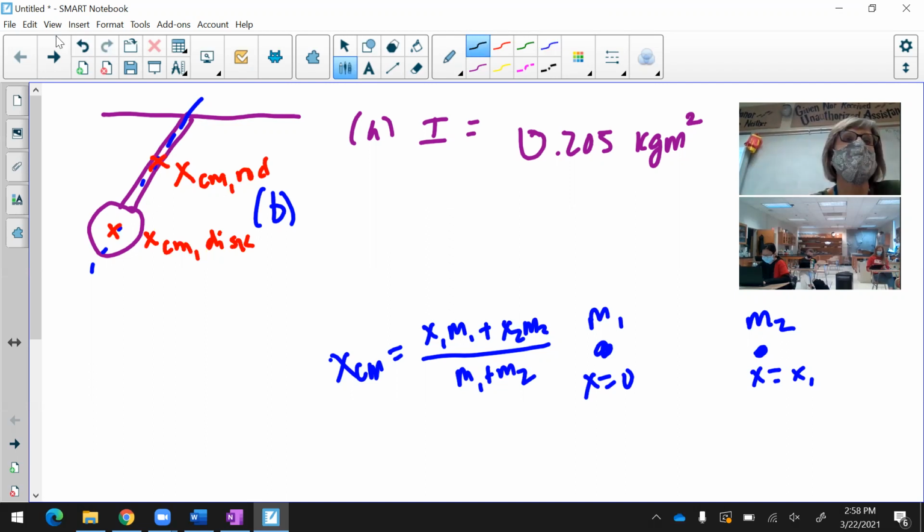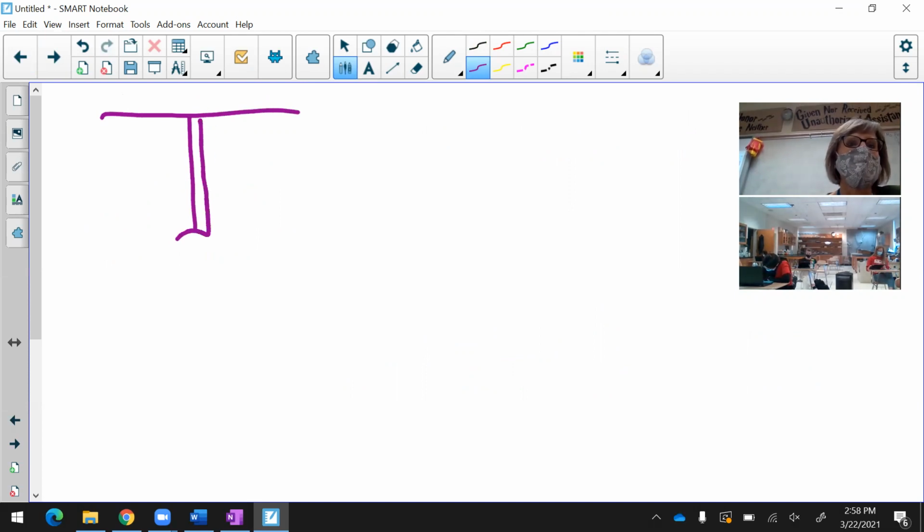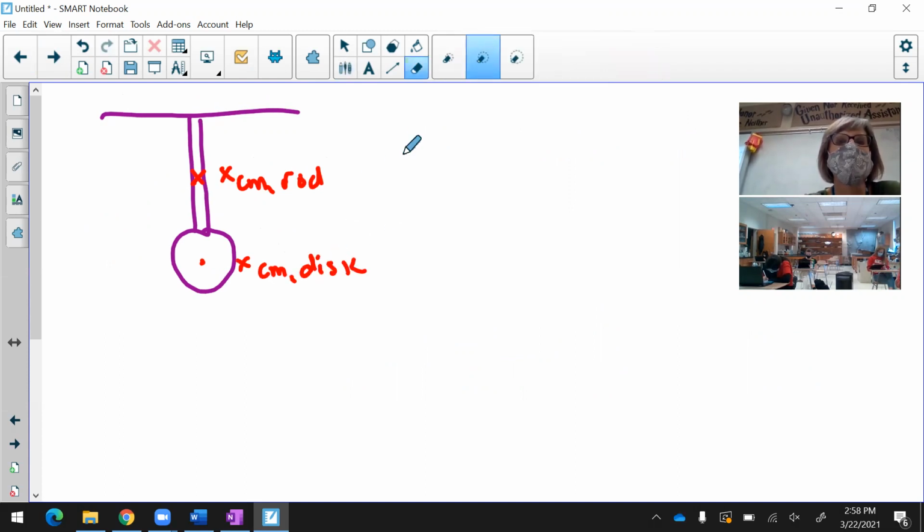So let's draw a better picture here. To make it better, we'll have our object. We'll consider the pendulum when it's at the bottom of its swing. Here's going to be X center of mass rod, and here's going to be X center of mass disc.